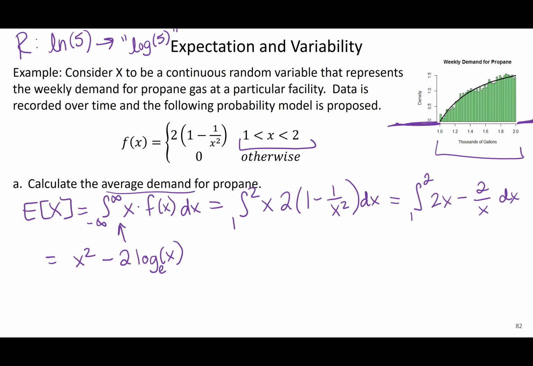So I want to keep that there, evaluated from 1 to 2. So I'll have a 4 minus 2 log 2, minus 1 squared, which is 1, minus 2 log 1.